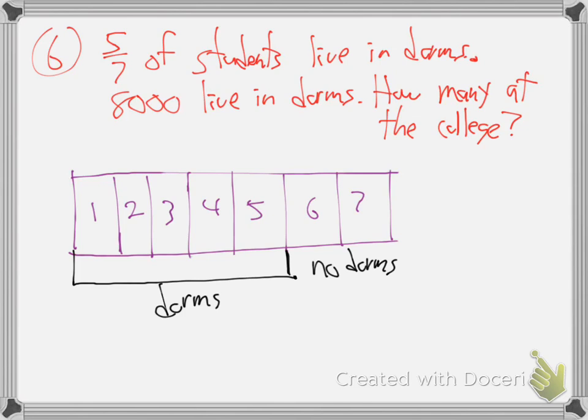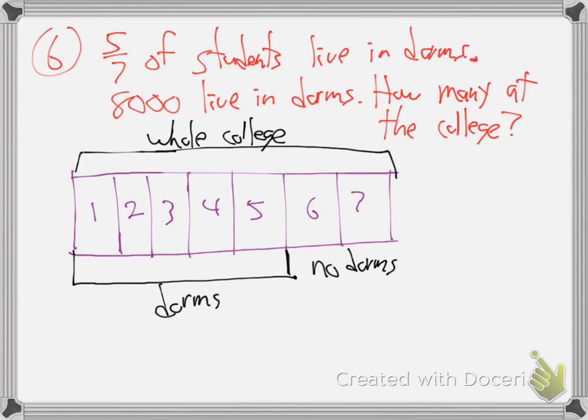The whole thing, from there to there, is the whole college. So we got the whole college broken up into 7ths. 5/7 of the college lives in the dorms. The other 2/7 does not. Isn't that fitting what they're saying up there? So far, so good.